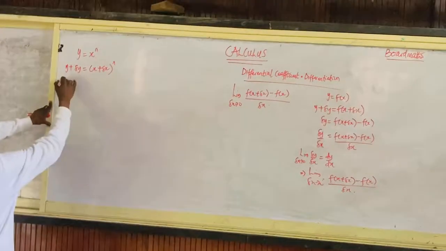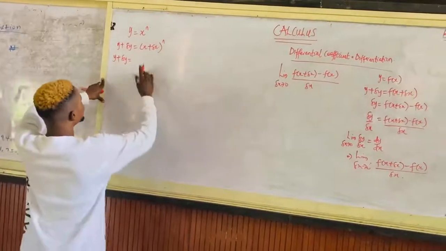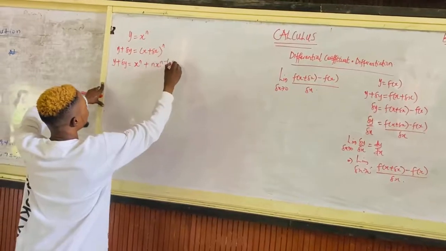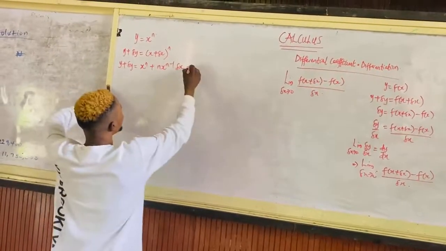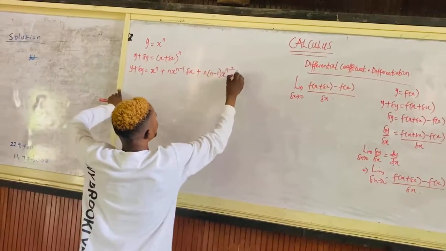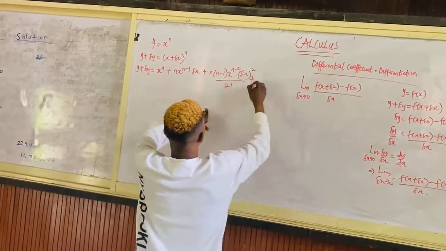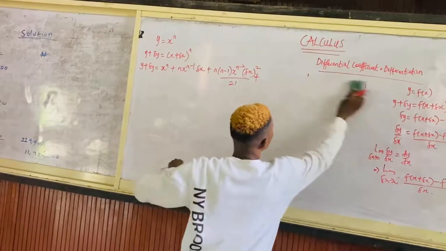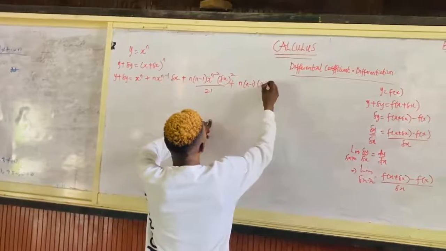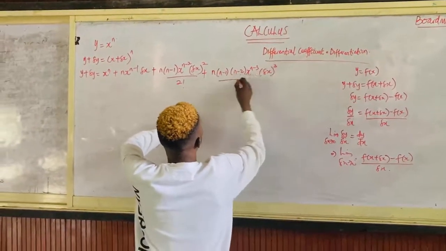Now expanding the right hand side using the binomial expansion, that gives x raised to power n plus n x to the n minus 1 del x raised to power 1, plus n times n minus 1 x to the n minus 2 del x raised to power 2 all over 2 factorial, plus n times n minus 1 times n minus 2 x to the n minus 3 del x raised to power 3 all over 3 factorial.